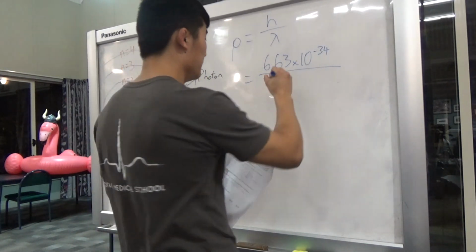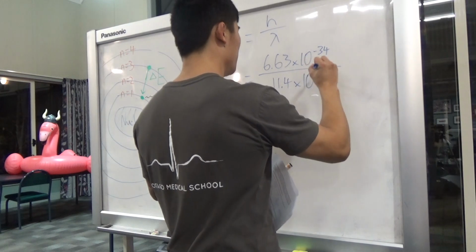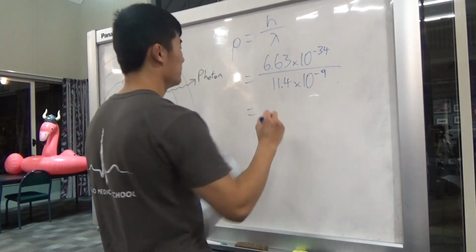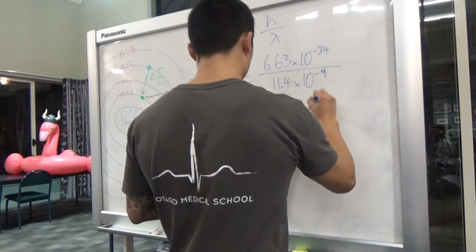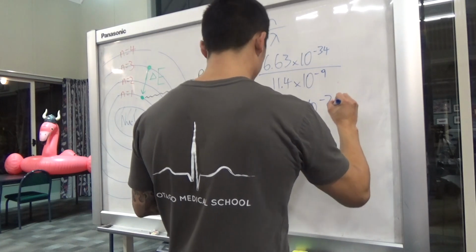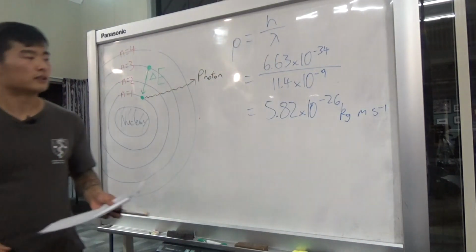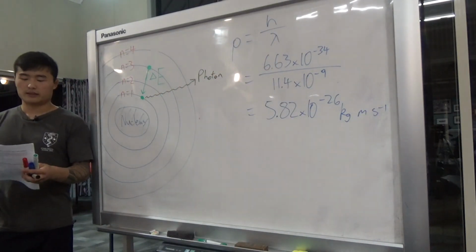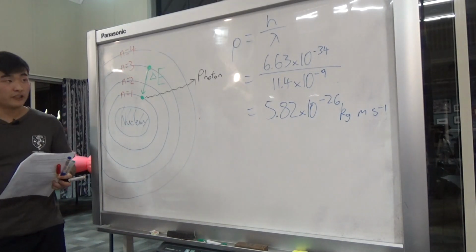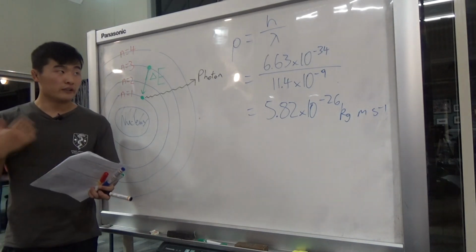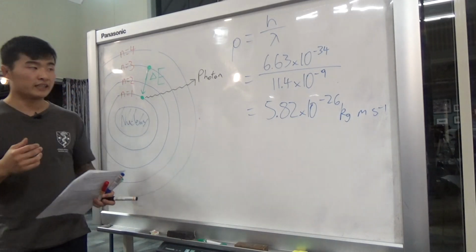And the wavelength was 11.4 nanometers, so we have to convert that into meters. 11.4 times 10 to the negative 9. And that will give you 5.82 times 10 to the negative 26 kg meters per second. Okay, so that's the momentum. And remember, if you know one of the 4 things, momentum, wavelength, frequency, or energy, you can find out any of the other 3.